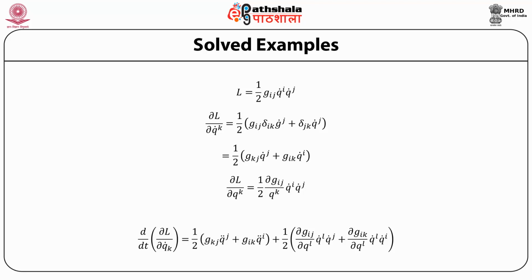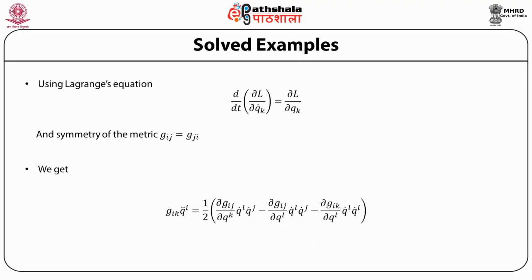So, we can then easily obtain the partial derivative of L with respect to the kth generalized velocity, and then the equation of motion d/dt of dL by dq dot is equal to what is shown here in the slide: half g_kj q_j double dot plus g_ik q_i double dot plus half partial g_ij by partial q_k q_l dot q_j dot, and likewise partial g_ik by partial q_k q_i dot q_l dot.